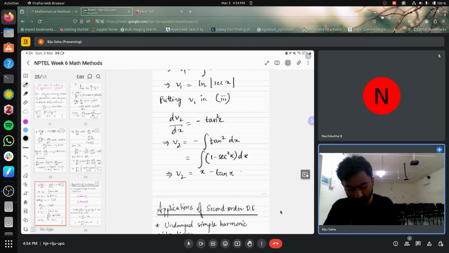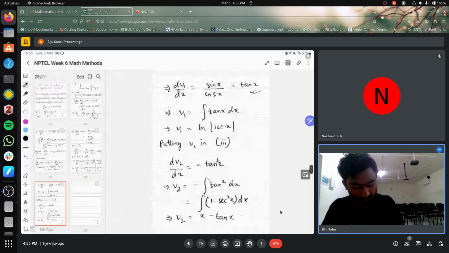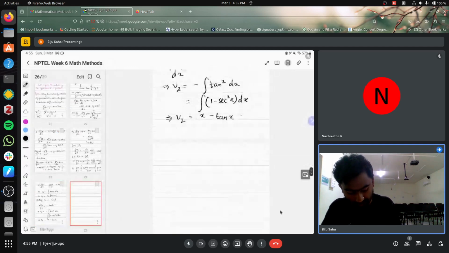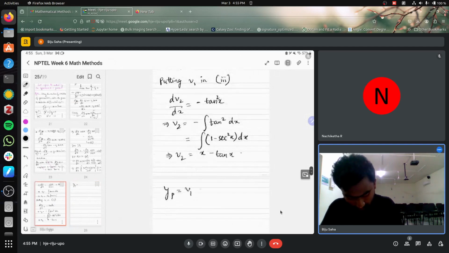So thereby we have obtained both v1 and v2. The particular solution was of the form v1 sin x plus v2 cos x.